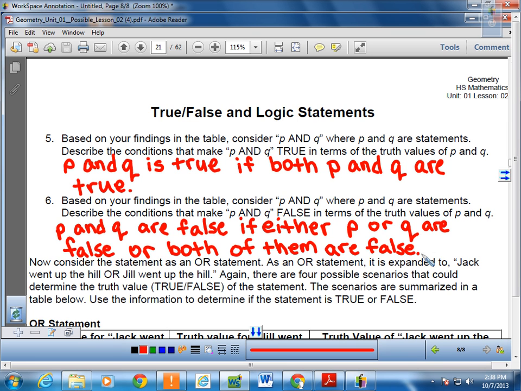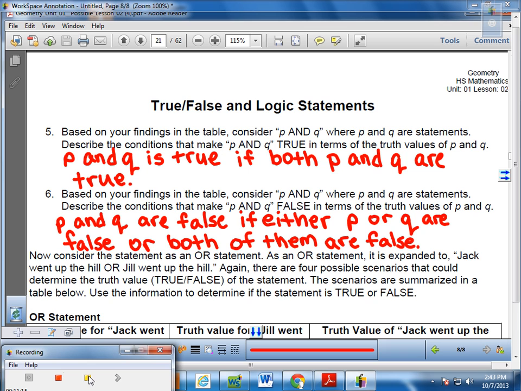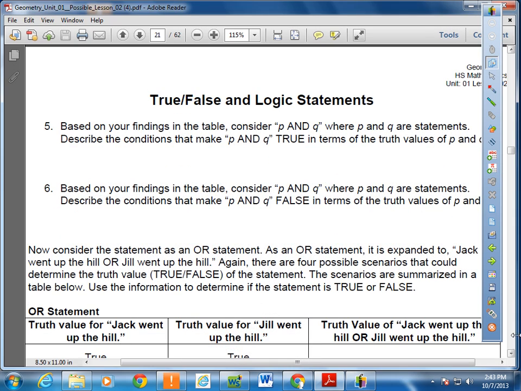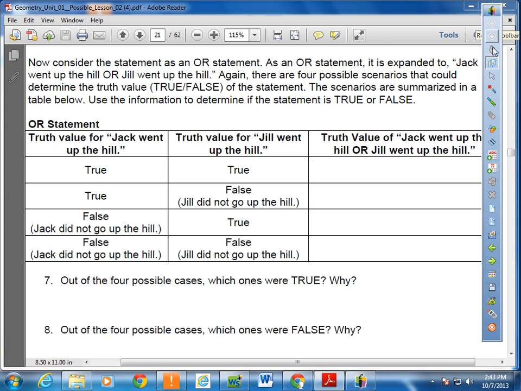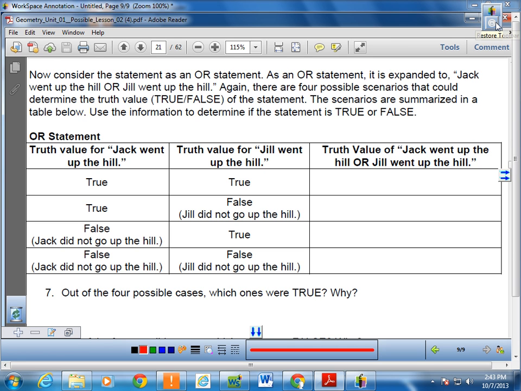Now consider the statement as an or statement.